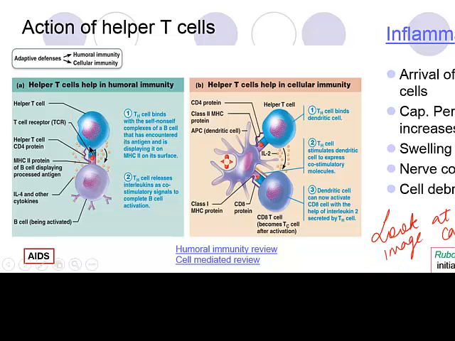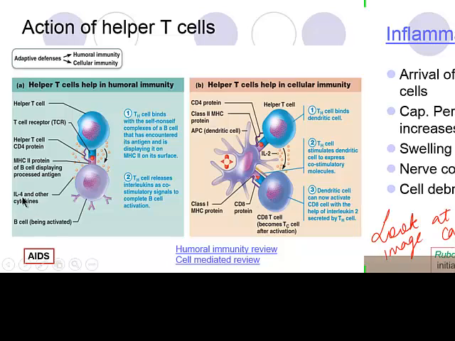So here's a helper T cell with its MHC protein, and it's got the antigen up here. It attaches to a B cell which has processed that antigen and is displaying it on its surface. So they interact, and this helper T cell secretes interleukin.